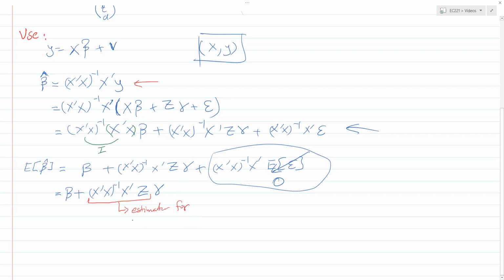If this is an estimation for the parameter beta in here, let's call it phi plus some error. So it's an estimator for phi. We can call it phi hat, but it's an estimator for phi.